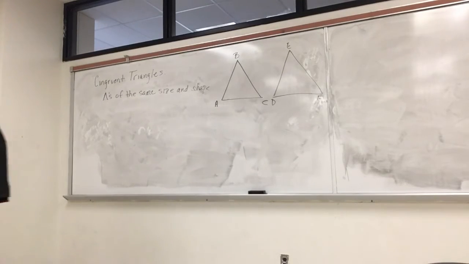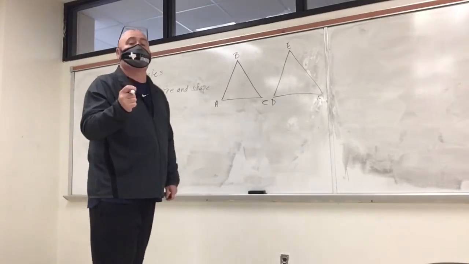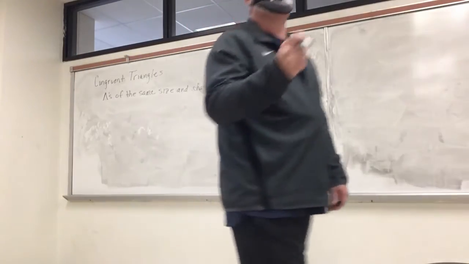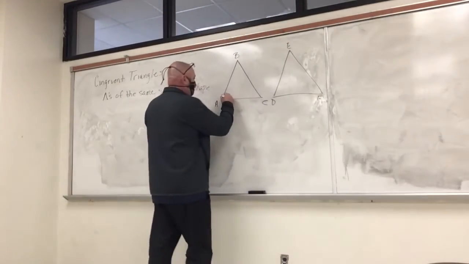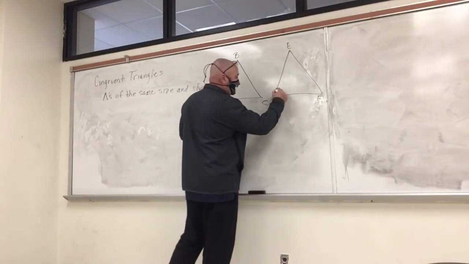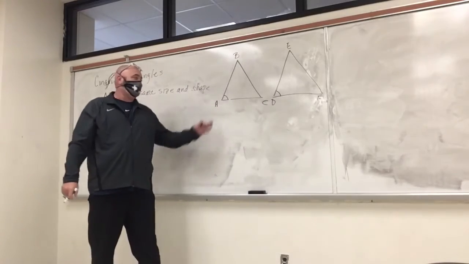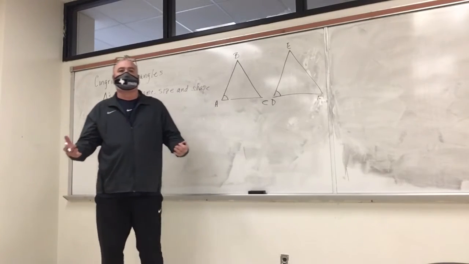All right. In order to show congruence, you must have tick marks, or you're told that something's congruent to it. So if I wanted to show that angle A was congruent to angle D, I would put a tick mark right there. It's got one, it's got one. That shows congruence.